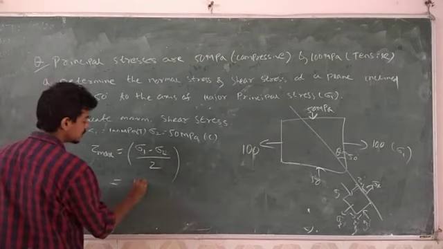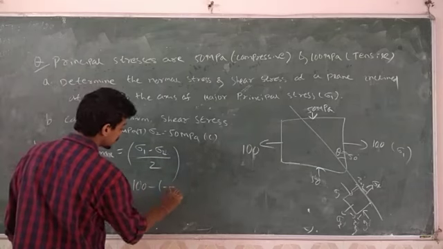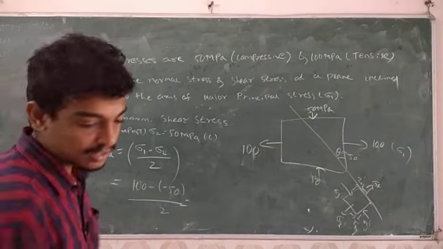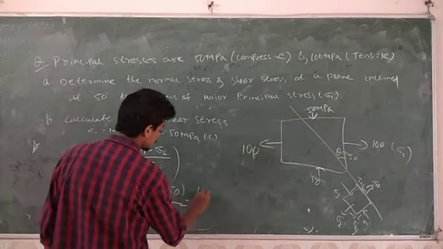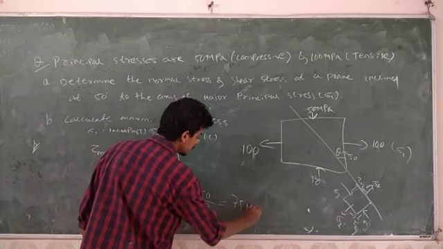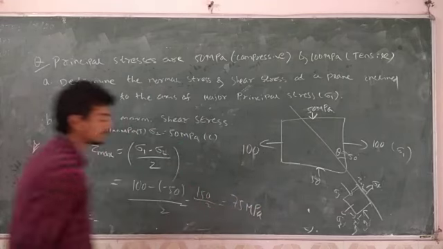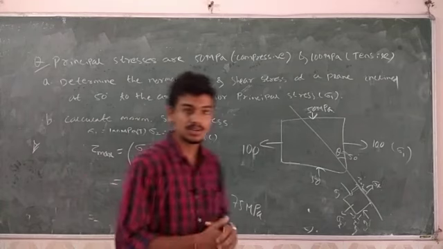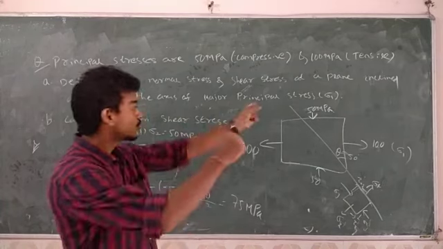So put the values: 100 minus of minus 50 by 2. It is coming 75, I think. 75 megapascal, because 150 by 2, that is 75 megapascal. Okay, like this the problem will be solved. Okay, so hope this is clear.